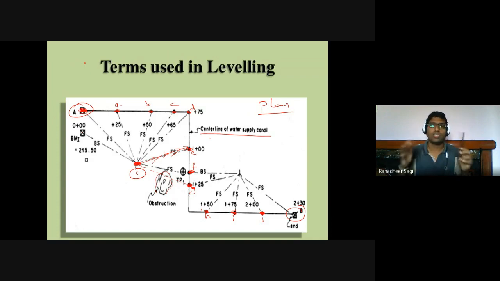Try to set up your instrument for completing that survey so that you are required to shift it the least number of times. Then the time spent on setting up, shifting and adjusting the instrument can be minimized, and you can complete your survey at a much faster rate.